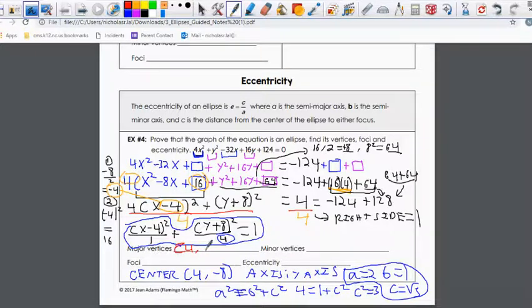The minor vertices, once again, now the -8 is fixed. That -8 stays fixed. Now we have 4 plus 1 and 4 minus 1, okay? So we're going to have 5, -8 and 3, -8.